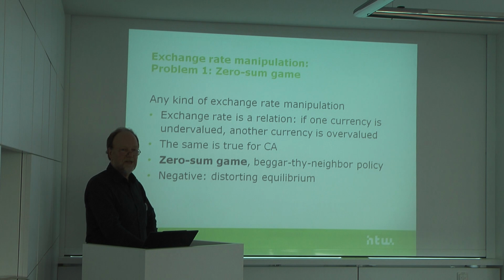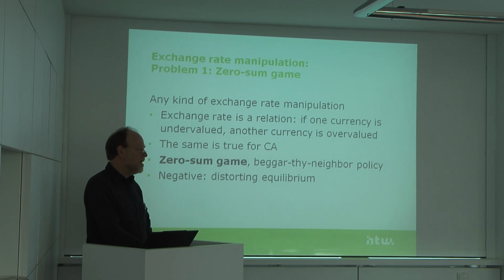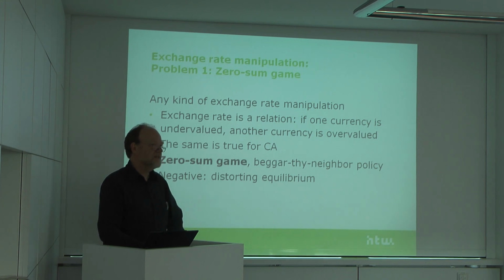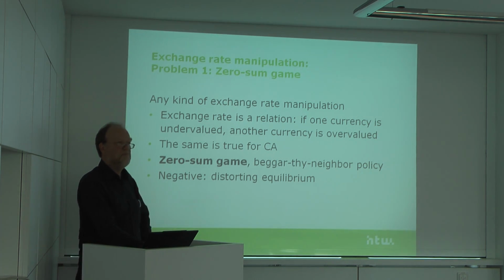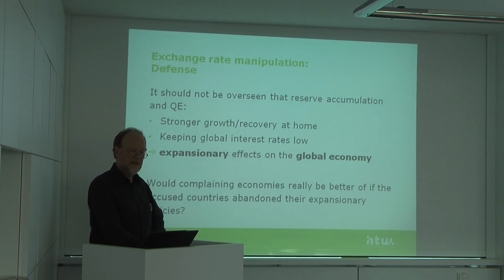Exchange rate is a relation, current account is a relation. If one country has a surplus, the other country has to suffer the deficit, and the other way around. So it is some kind of zero-sum game, where in the end the equilibrium is distorted, and therefore the negative effects may be stronger than the positive effects for single countries.